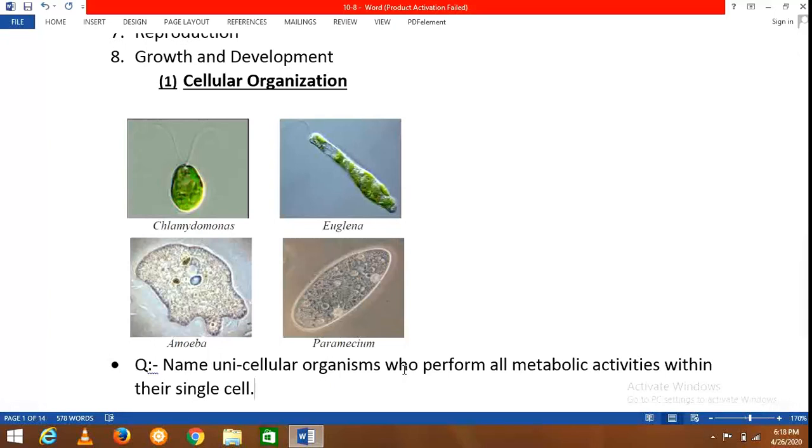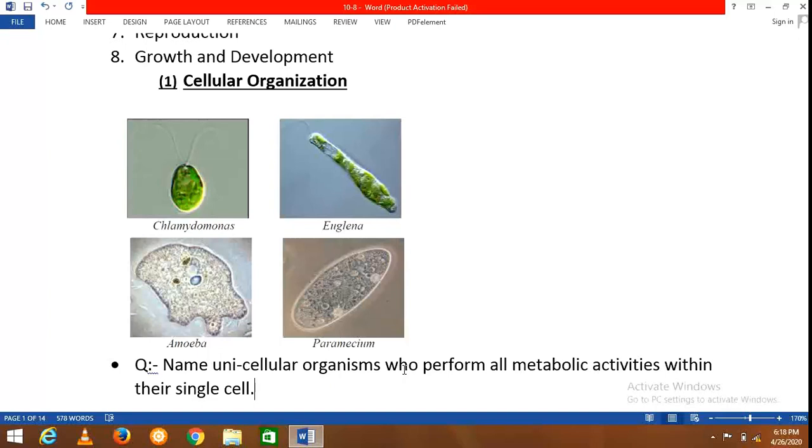You have learned about the structure of the cell as the basic structural and functional unit of life. So there are both unicellular organisms as well as multicellular organisms. In unicellular organisms, the cellular organization cannot be seen.